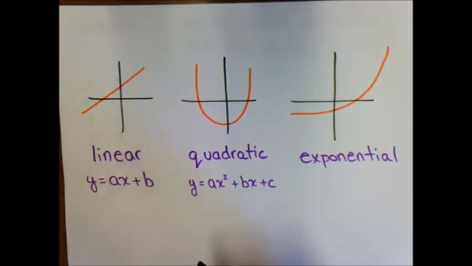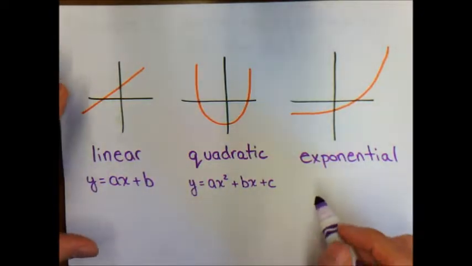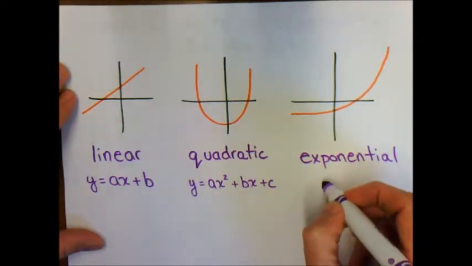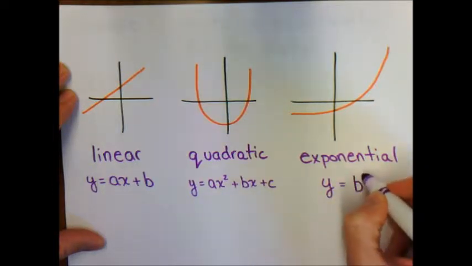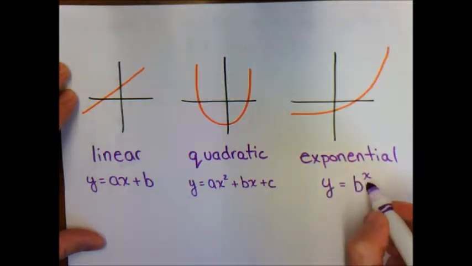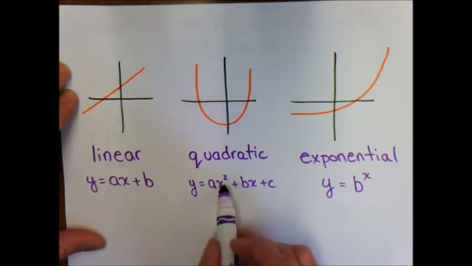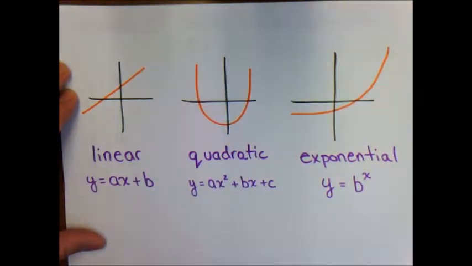And today we will be working with these exponential functions. The general equation for them is y equals some base raised to the power of x, where the variable now is in the exponent, which is different from the quadratic or the linear function.